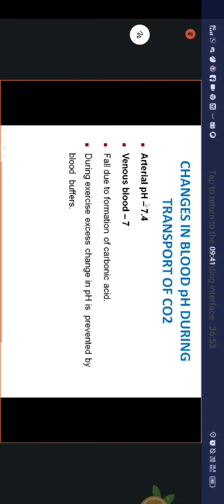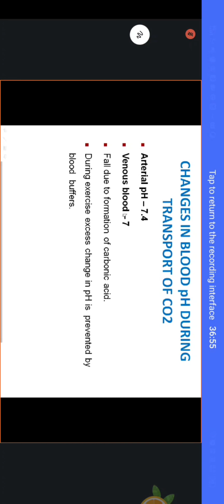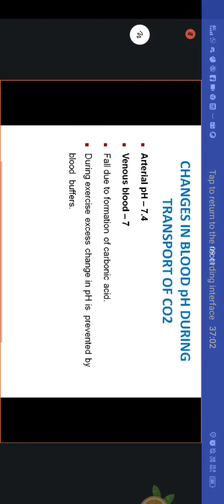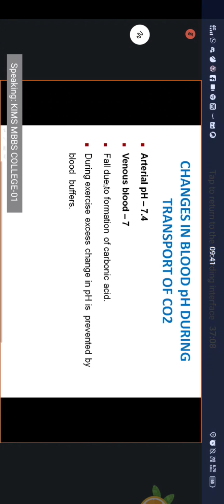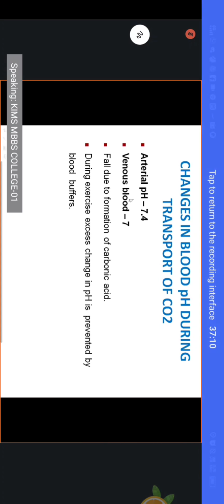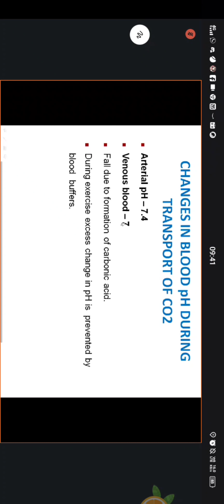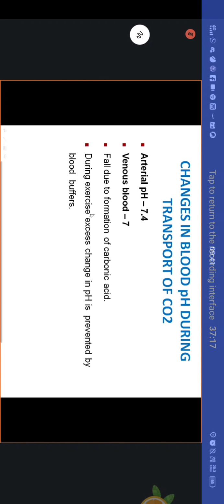So the pH decreases from 7.4 to 7 because carbon dioxide is usually transported along with bicarbonate. The pH falls due to formation of carbonic acid because bicarbonates are utilized. So the alkaline solution will become neutral.